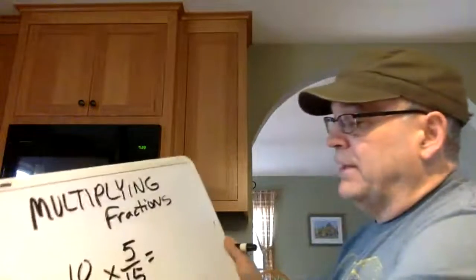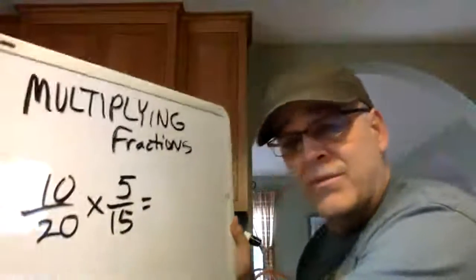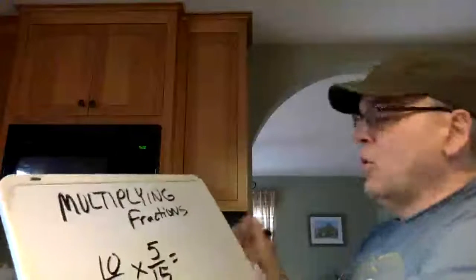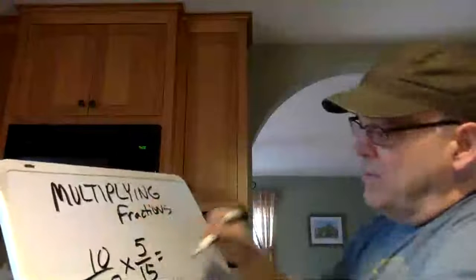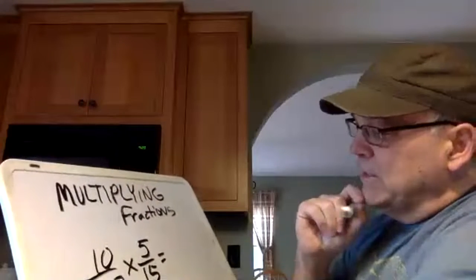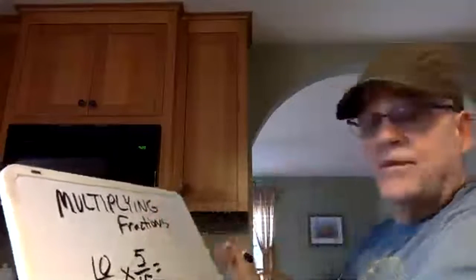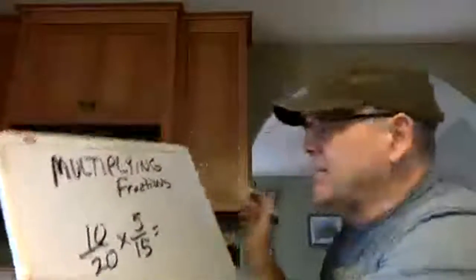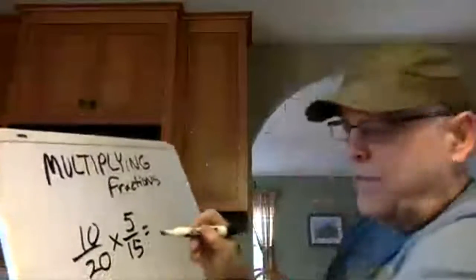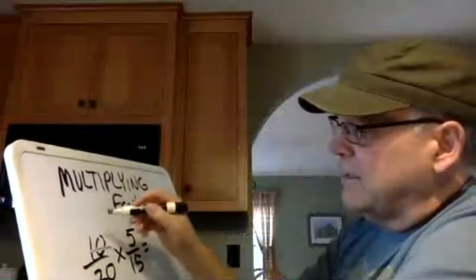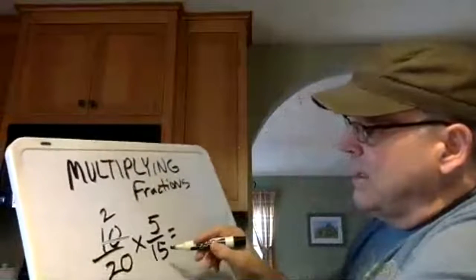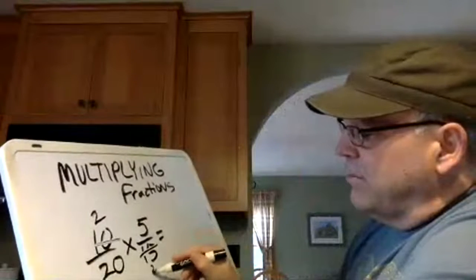So we're going to multiply 10/20ths times 5 over 15. And this is what we'll do. We'll look and see, is there any common divisor between 10 and 15? And there is. There's 5. We'll go into both of them. So we divide 5 into 10 and get 2, and divide 5 into 15 and get 3.